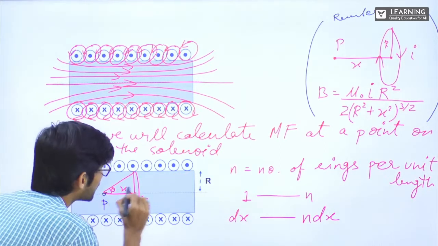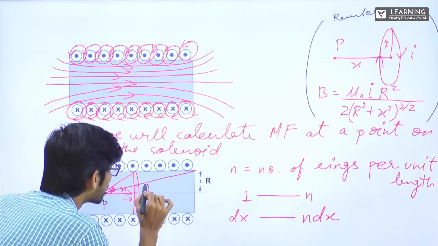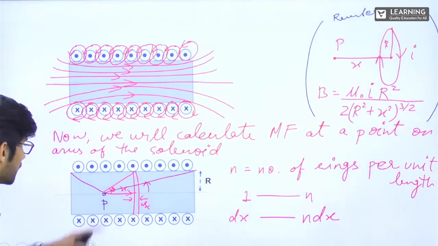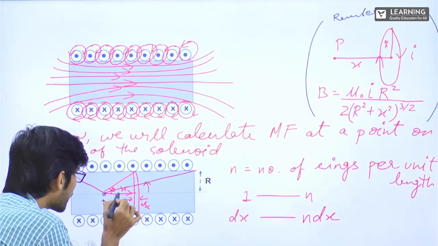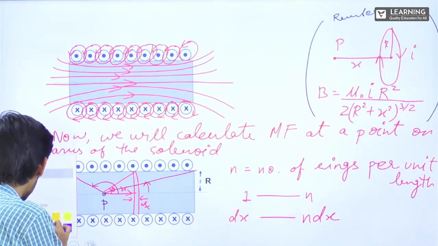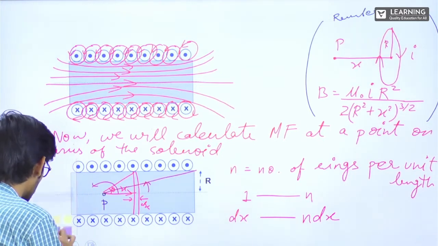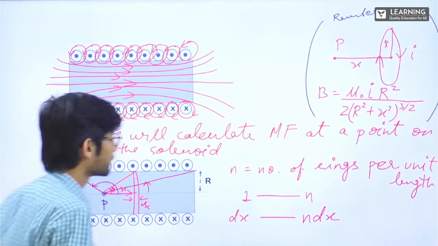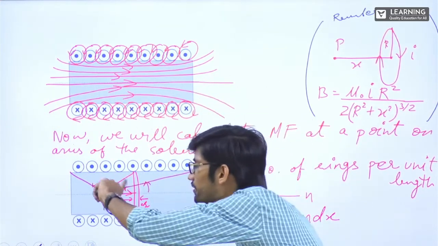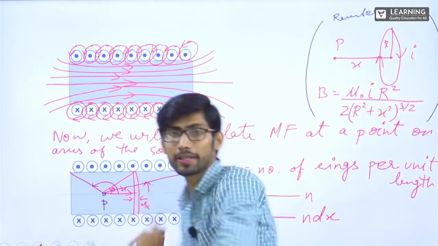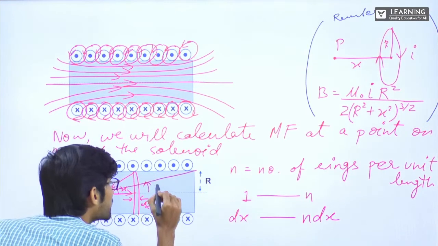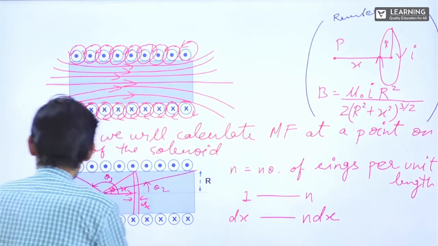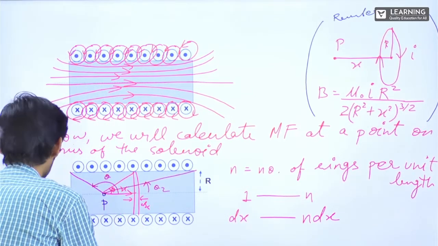If I join this particular end, this will be one theta. And if I join this end, this will be another theta. So this one will be theta 2 and this one will be theta 1. Always remember how we are taking theta 1 and theta 2.